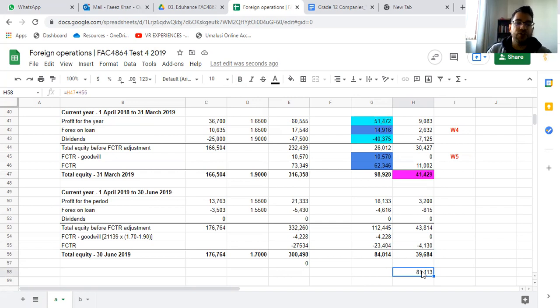Okay, so now we need to do the journal entries. I just want to read the required again. So the required says, assist the group accountant to complete the pro forma journal entries regarding the disposal of Endgame on 30th June 2019.